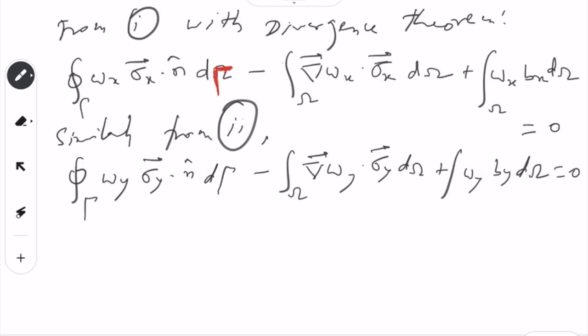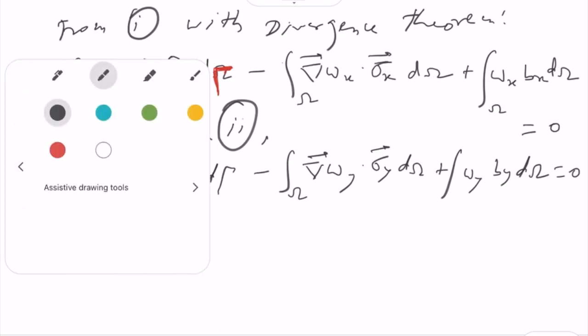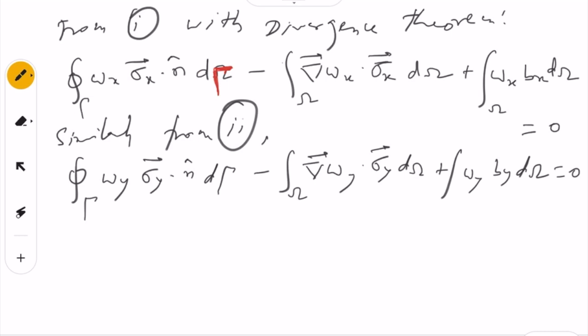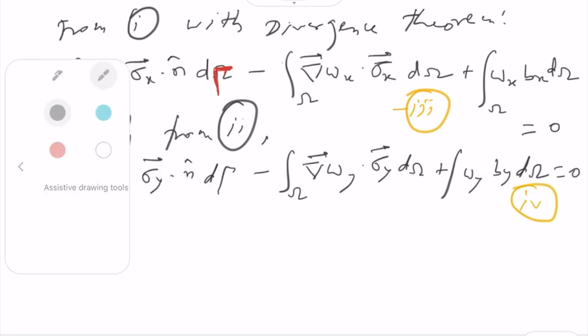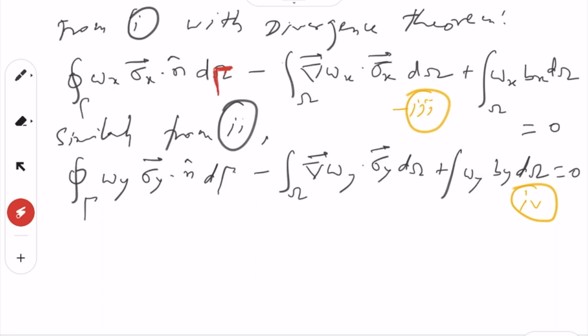Let's simplify further. So let's call this equation number 3 and this equation number 4, so that we can refer to them later on. What we're going to do is add equations 3 and 4 together.